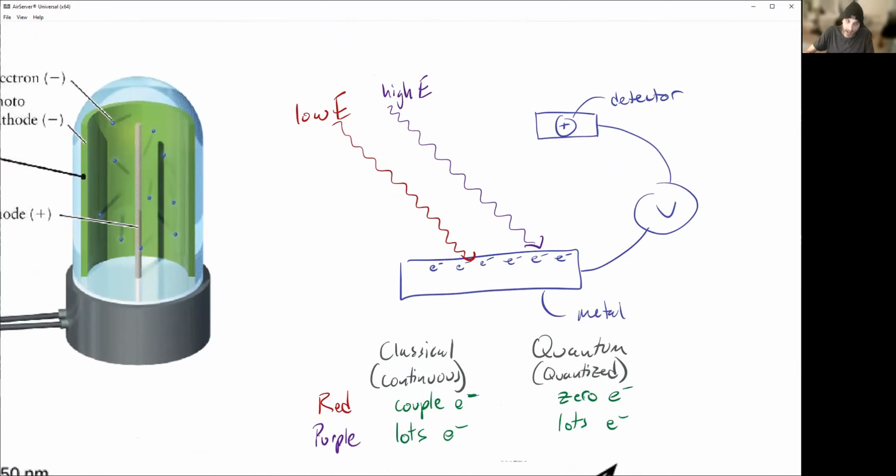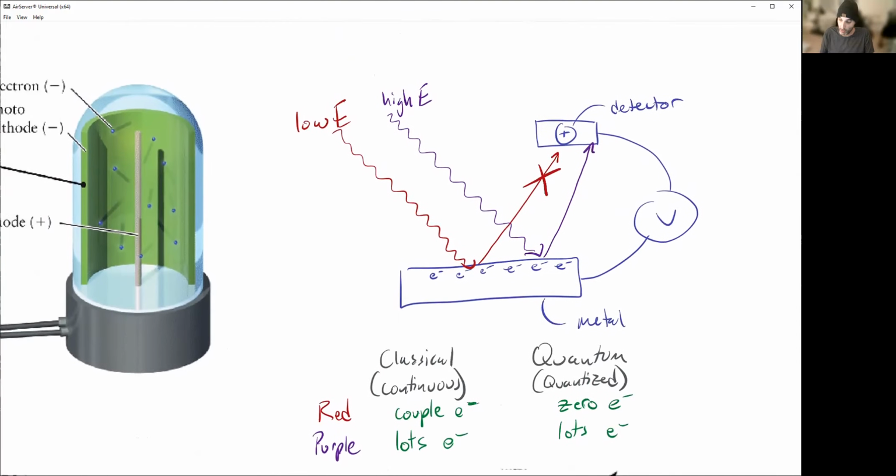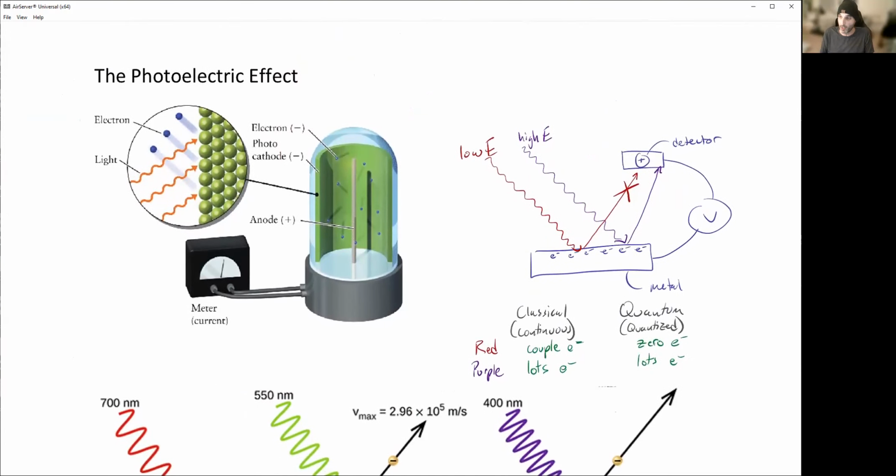So what you find out is, again, we expect the electrons to eject. They're attracted to the positive, and this does not occur with red light. But when we hit it with purple light, this does in fact occur. So we do get detection of electrons for that purple light.